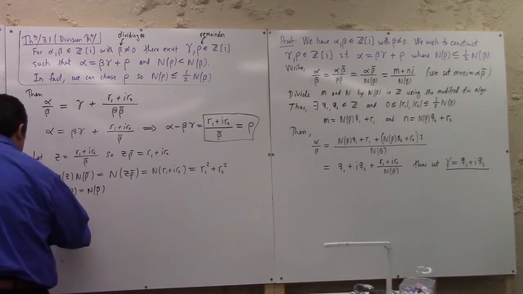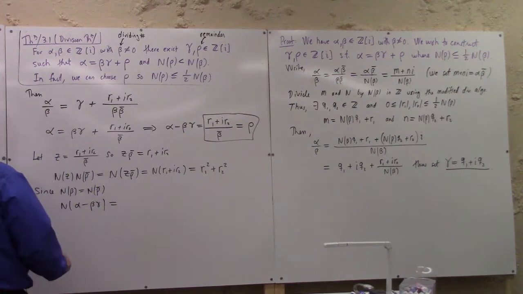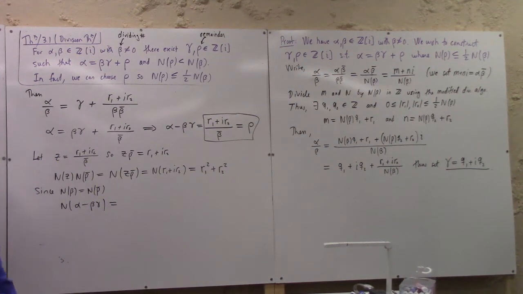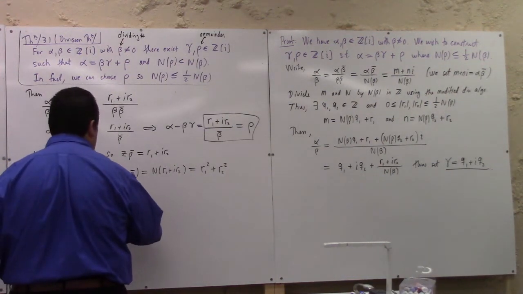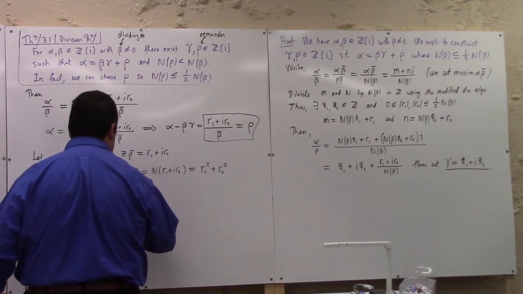Since the norm of beta is equal to the norm of beta bar, the norm of alpha minus beta gamma is equal to what? I would say it's the norm of R1 plus iR2 divided by beta bar, right?